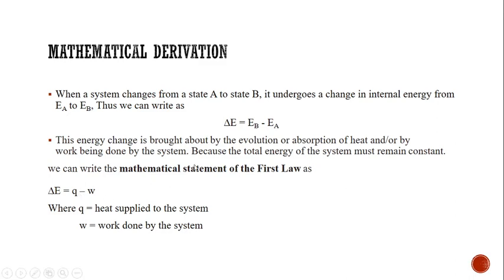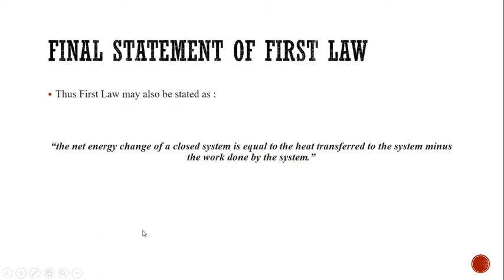We can write the above equation by changing the value of the energy change to Q and W. That is, the final form of the first law of thermodynamics is delta E equals Q minus W. This relationship is known as the mathematical form of the first law of thermodynamics, where Q is the heat supplied to the system and W is the work done by the system.